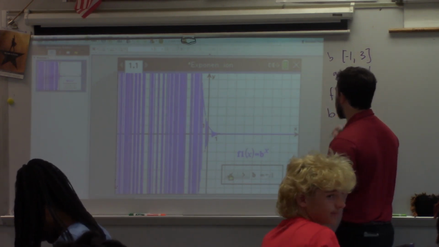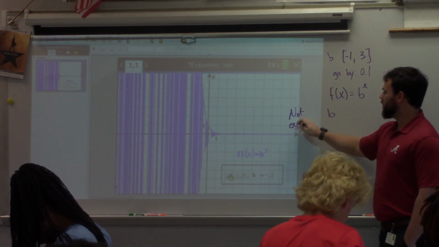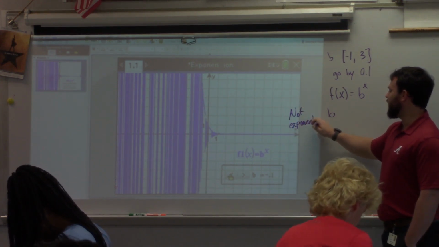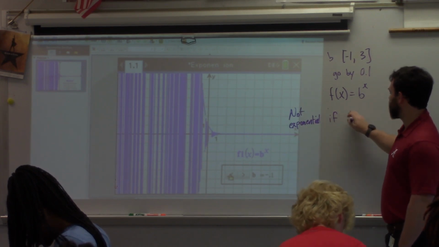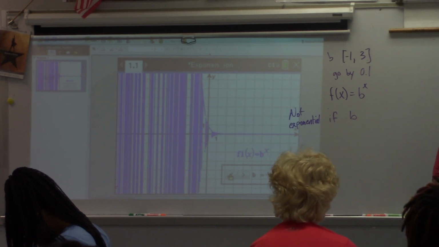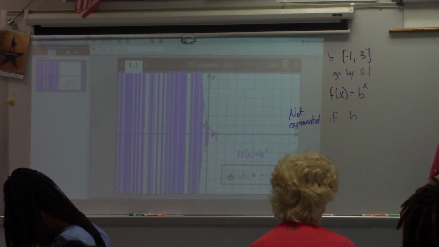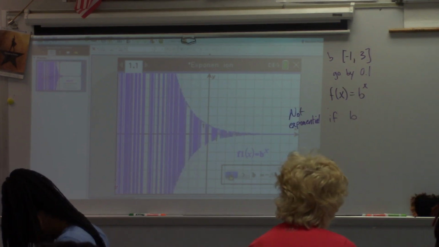So if b is what, it's not going to be exponential? So we do not have an exponential function if b is what? When it's negative? So are there any negative values for b that have exponential functions?